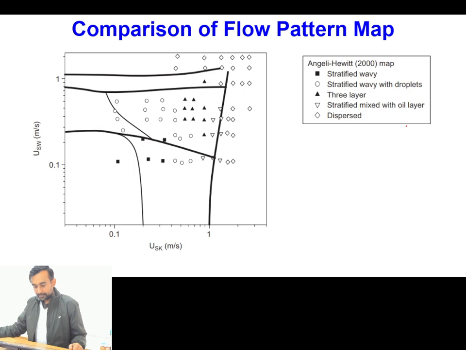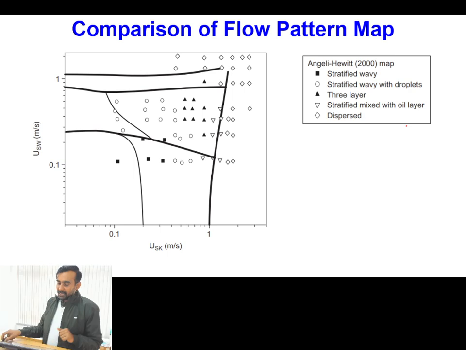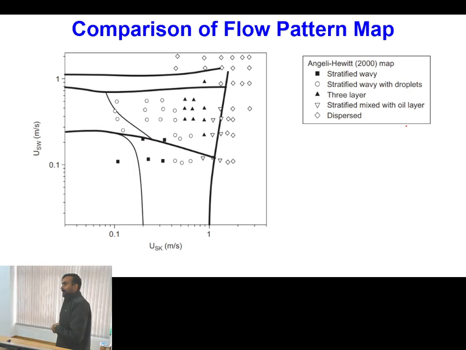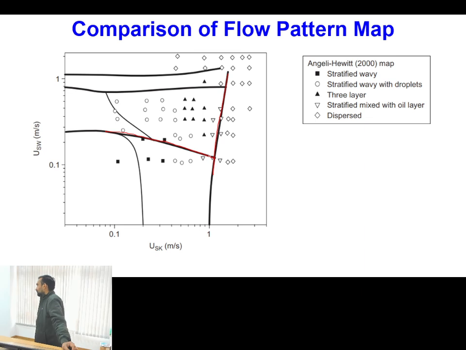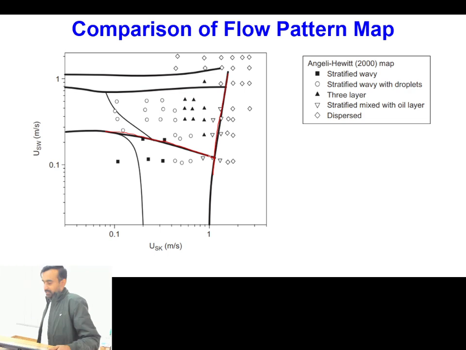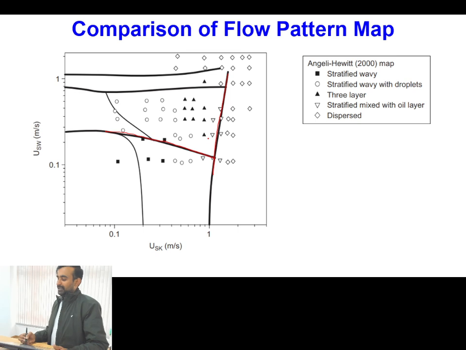And this is the comparison of the flow pattern map based on visualization and based on the data obtained from the optical signal. Here you can see these are the phase boundaries corresponding to the visualization-based measurements, and these data points are coming from the optical measurements.